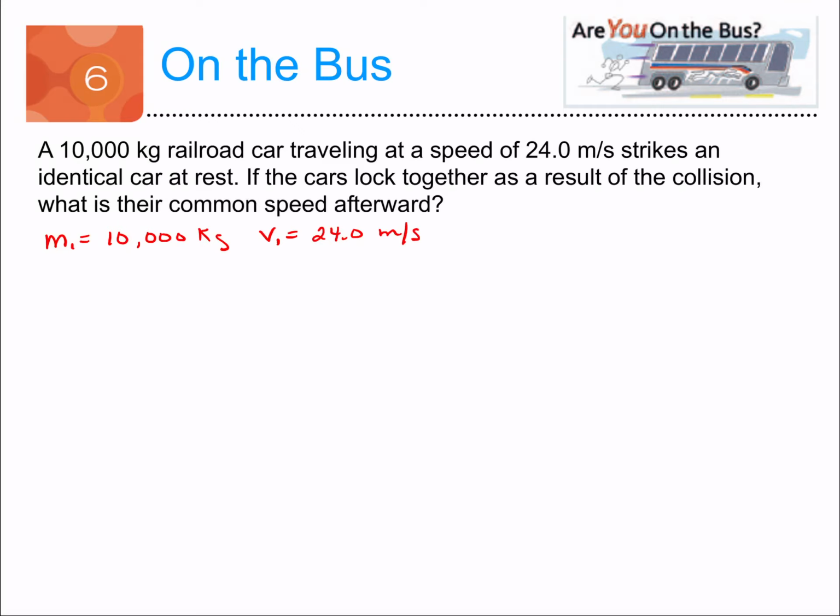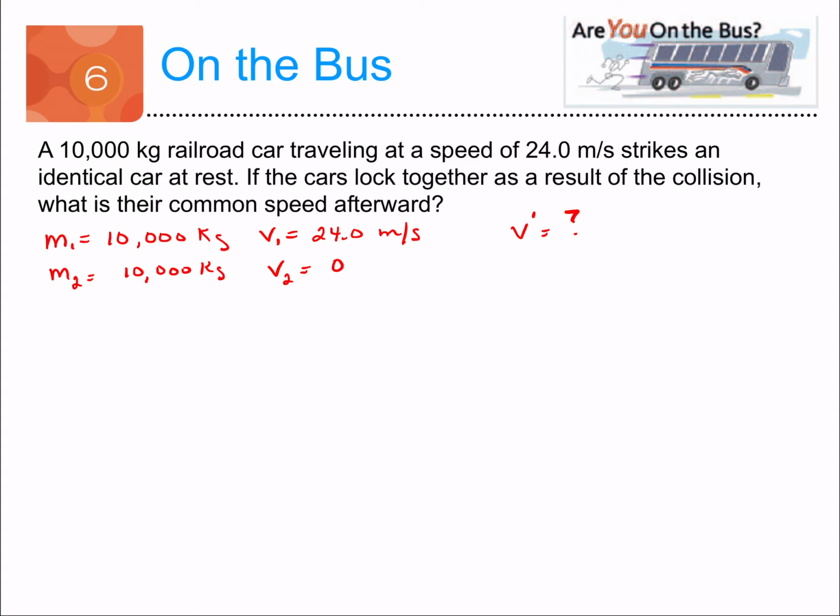It strikes an identical car at rest, so the mass is also 10,000 kilograms, and that car's at rest, so its speed is 0. The cars lock together as a result of the collision. What is their common speed? We typically refer to the common speed as v prime, and that is what we're looking for.